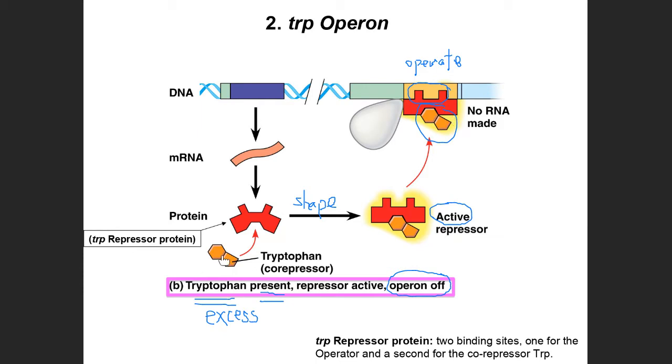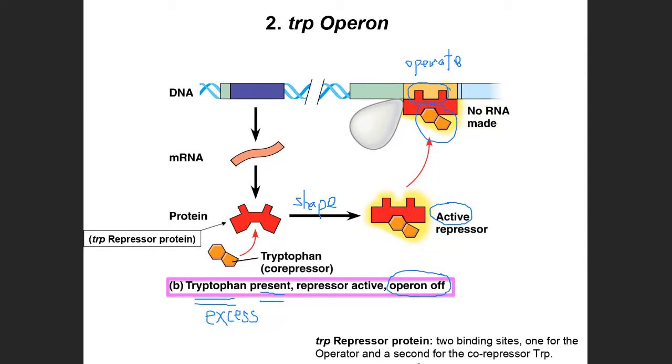It can't bind to both. But for the Tryptophan repressor protein, both binding sites do work at the same time to activate the repressor protein, and so the repressor protein actually inhibits or represses gene expression.